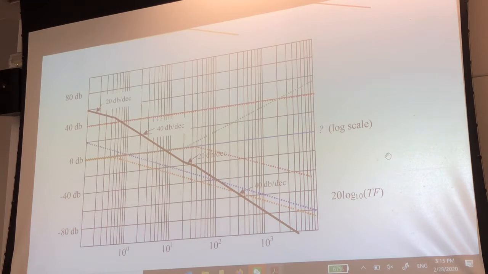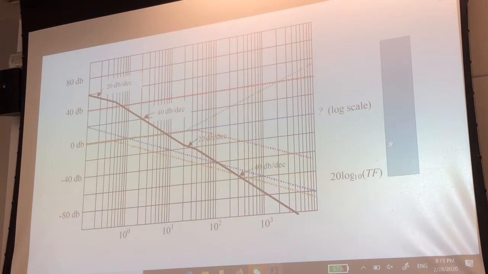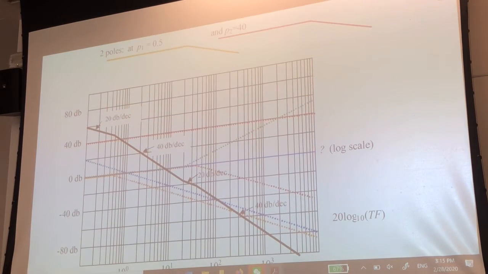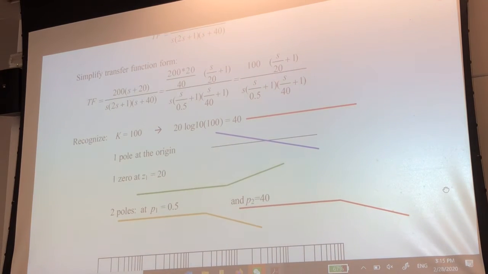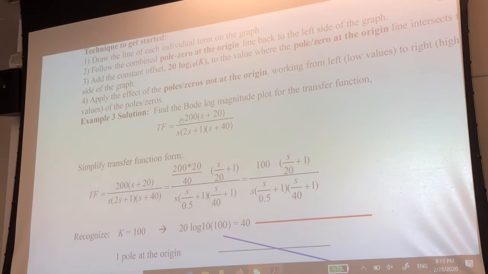So you have a constant, you have a zero, and you have three poles. After you have done the standard form, the gain also changes.